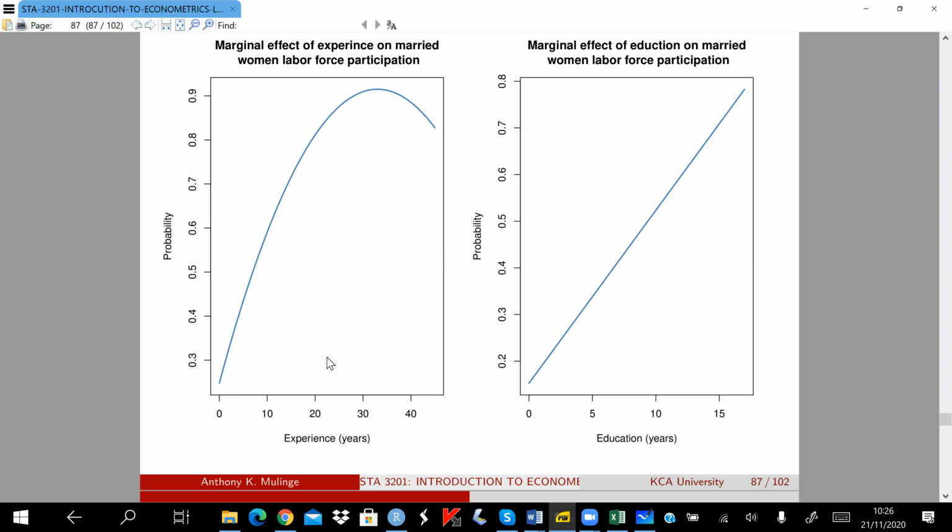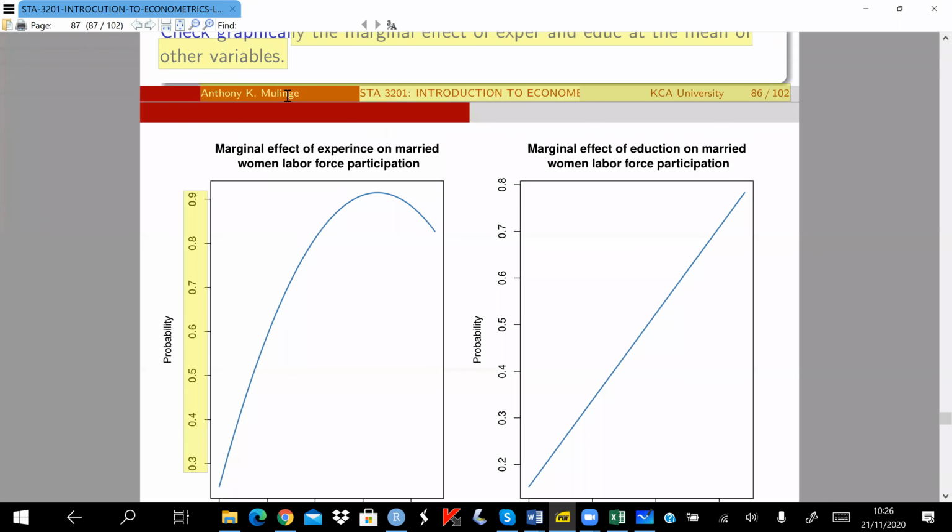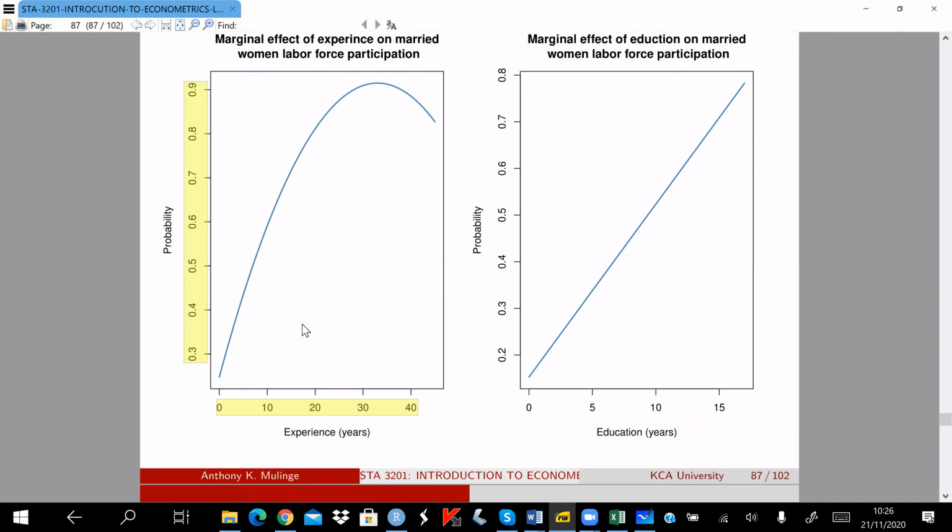On the left-hand panel, we have the marginal effect of experience on married women's labor force participation. Marginal effect just means that you have held all the other variables constant, so you're only left with experience.